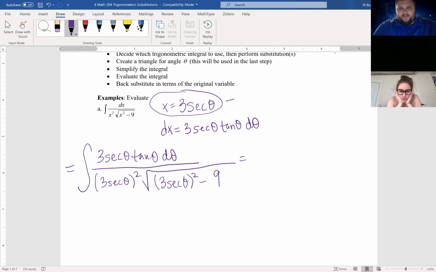I can solve that for secant theta quite easily. Secant theta is the same thing as 1 over cosine. So this relationship tells me that the cosine of that angle must equal the inverse, right? 3 over x, or the reciprocal, I should say.